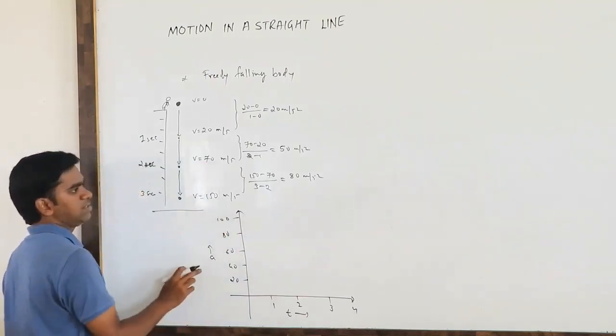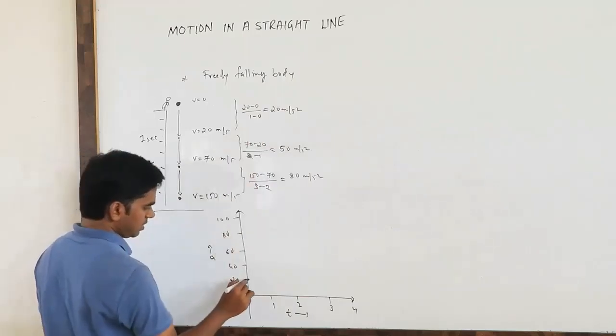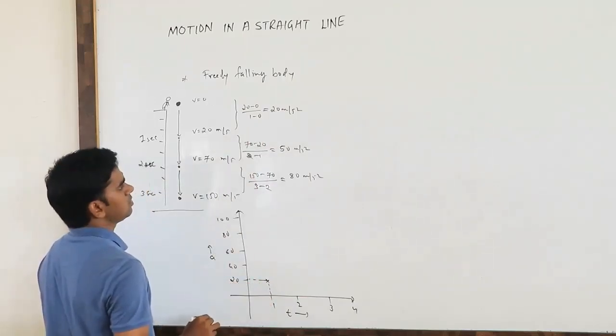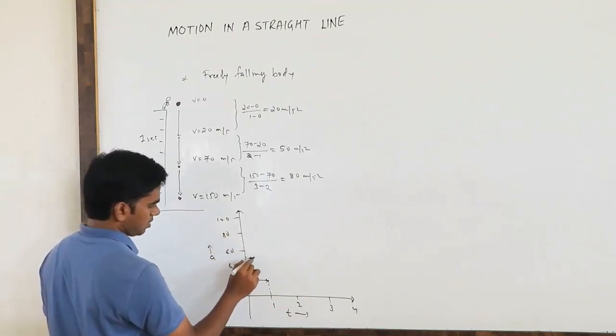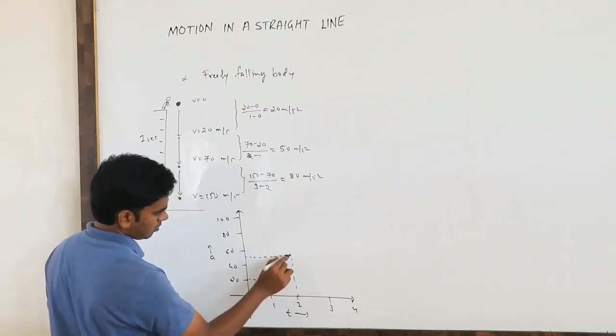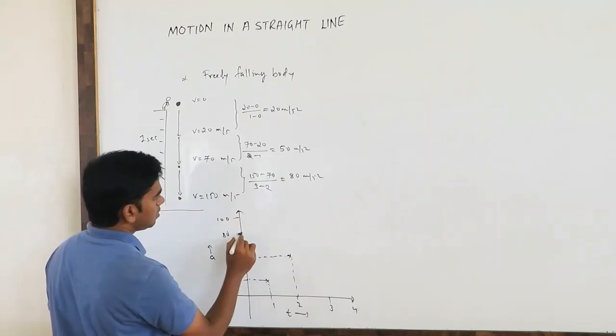These are the accelerations. Now plot the graph: for 1 second, 20 meter per second square. For 2 seconds, 50 meter per second square, so it is here somewhere. For the third second, it is 80.